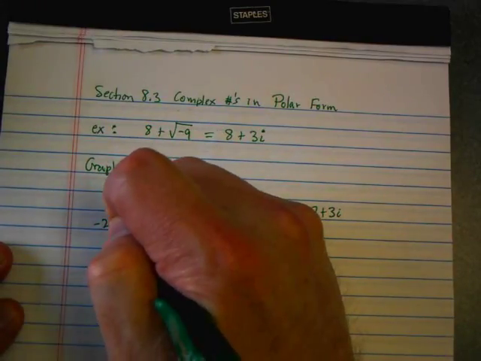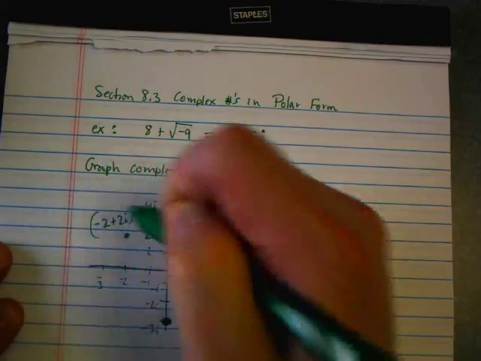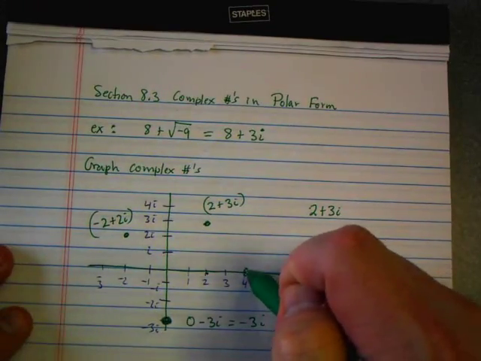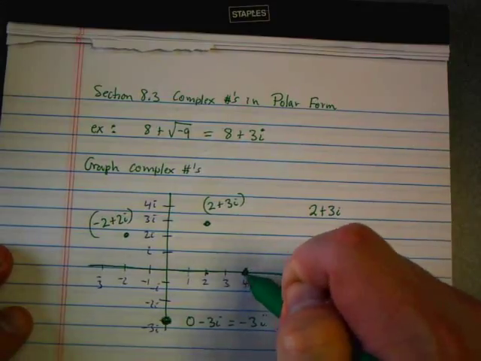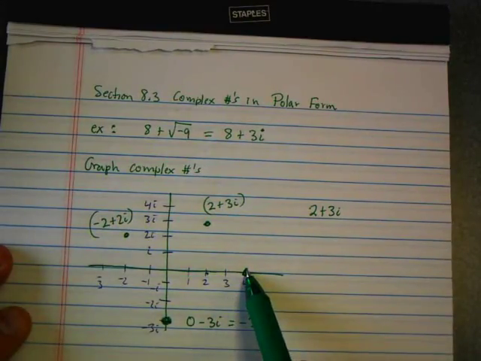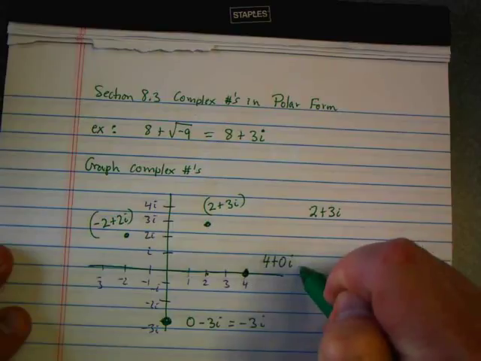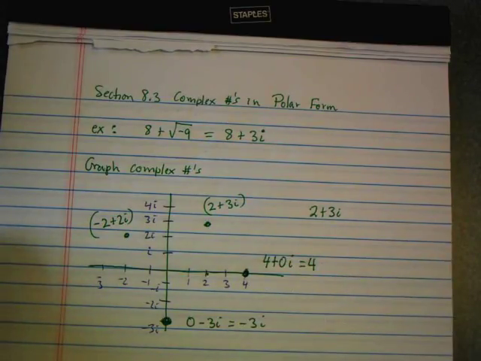Negative 2 plus 2i. And finally, how about a point right here just on this axis? It would just be 4. That's correct. It would be 4 plus 0i. Typically, we would call that 4.